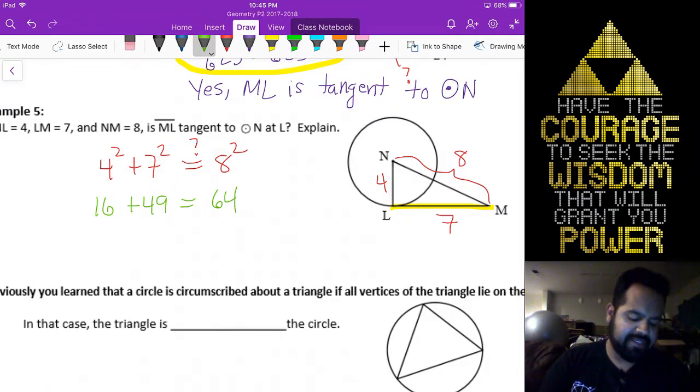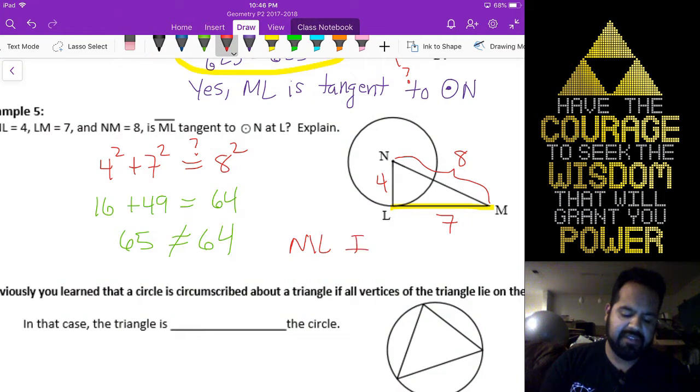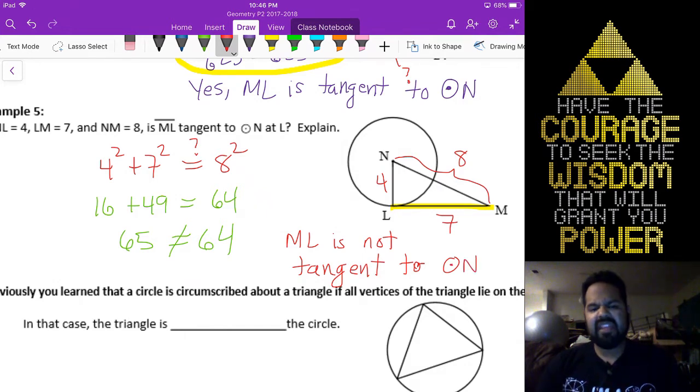So then I believe that gets us 65 on the left-hand side, which does not equal 64. So therefore, ML is not tangent. And that's all you have to do.